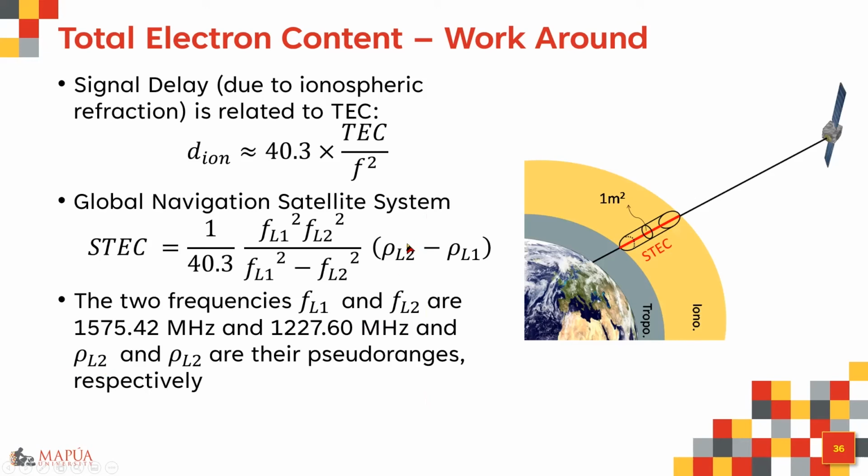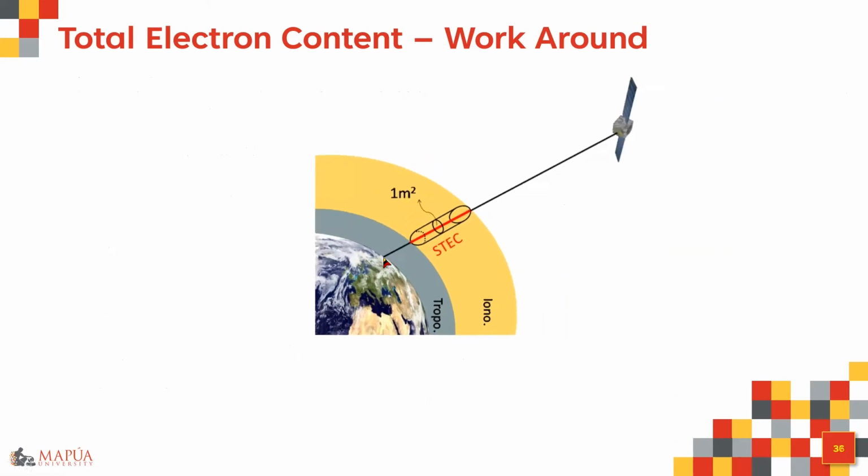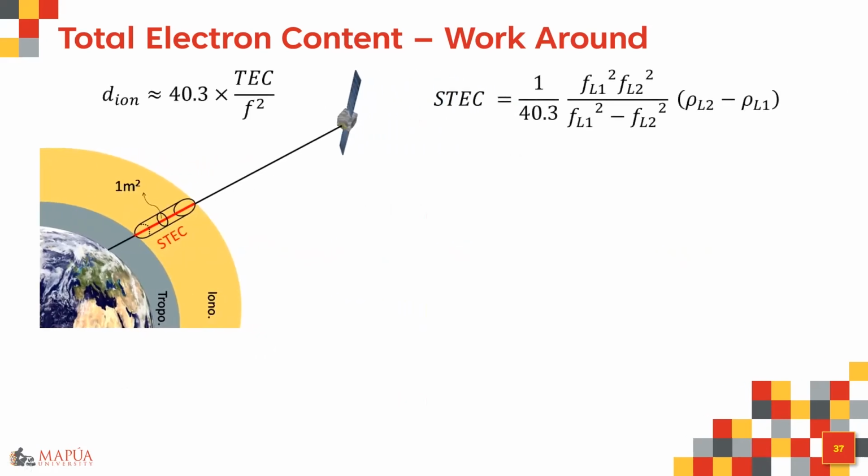The raw L2 and L1 are the perceived distances between the satellites and the receiver, measured by the time of delay. From here we can estimate the slant total electron content.